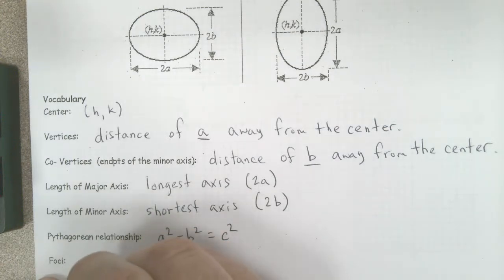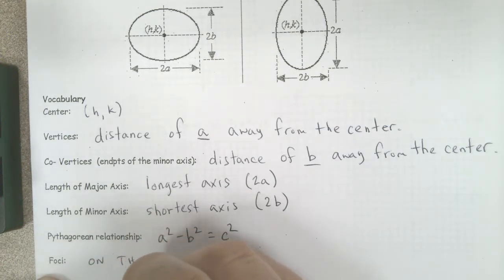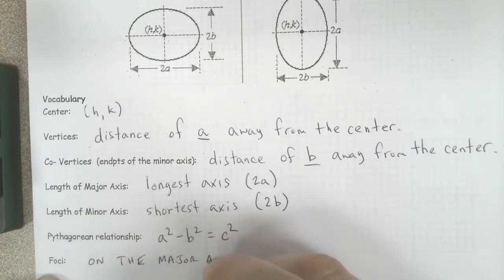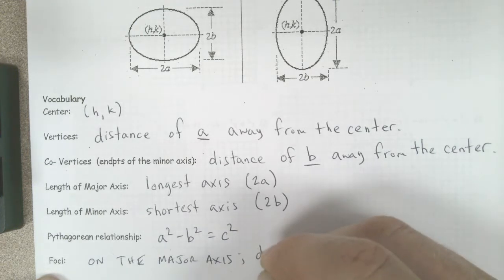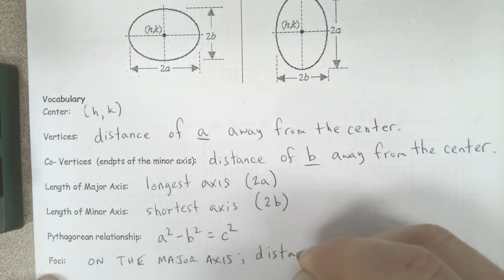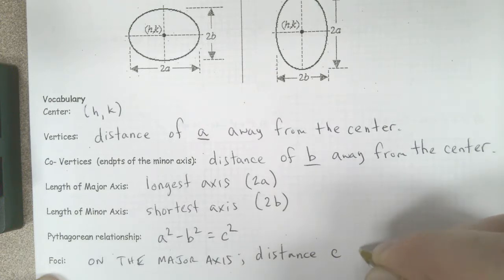The foci are the points that are on the major axis, and they represent the distance c from the center.